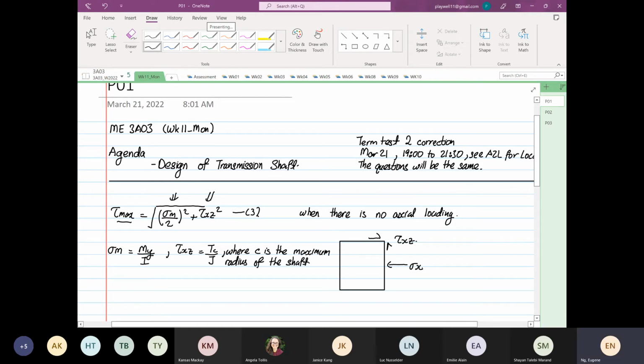Another thing I like to add in: where there's no axial load, the shear stresses induced by shear force are small when compared to those induced by the torque.